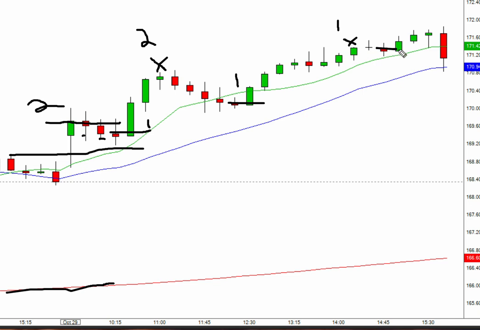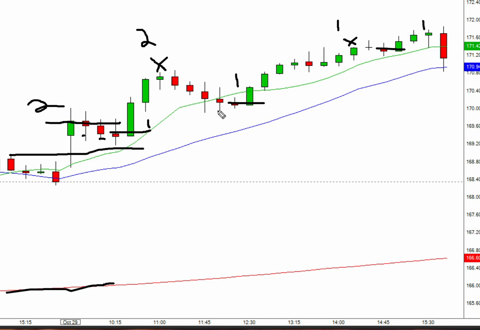Could have added here for, again, another add opportunity here. But I wouldn't have added there. I would have let this go more. Sell another one here. Now you're out completely. And this right here was the play that you should have been in today.